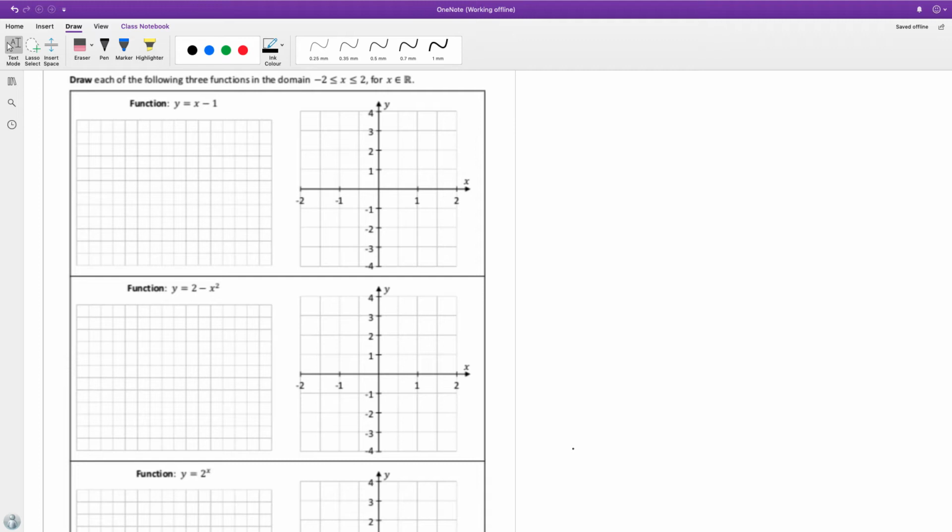Okay, whichever way you feel comfortable. I've showed you 2 ways. I've showed you the calculator and you do the same. Graph all three. 1, 2, 3, graph all three.